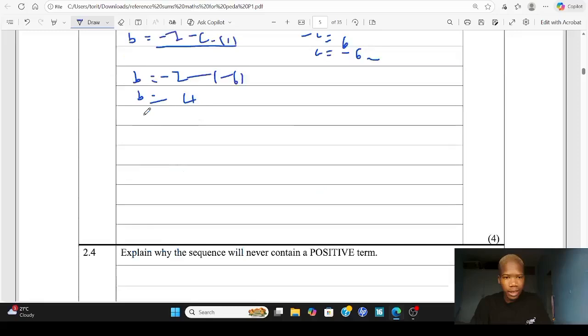Tn is equal to minus n squared plus 4n minus 6. Okay, so that is the final formula.